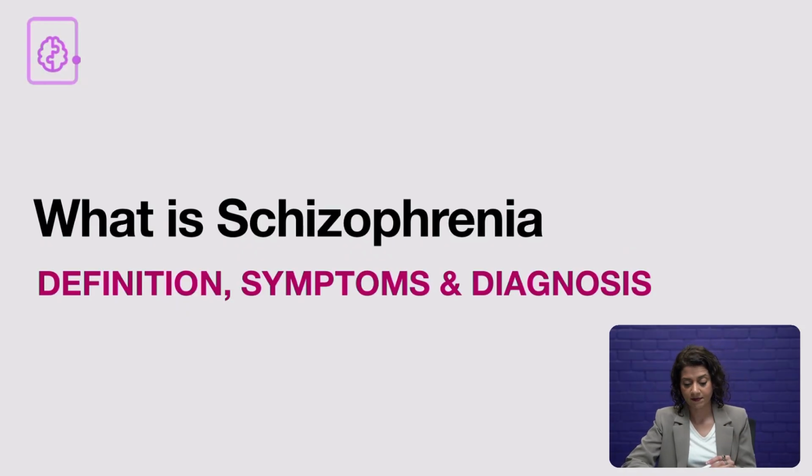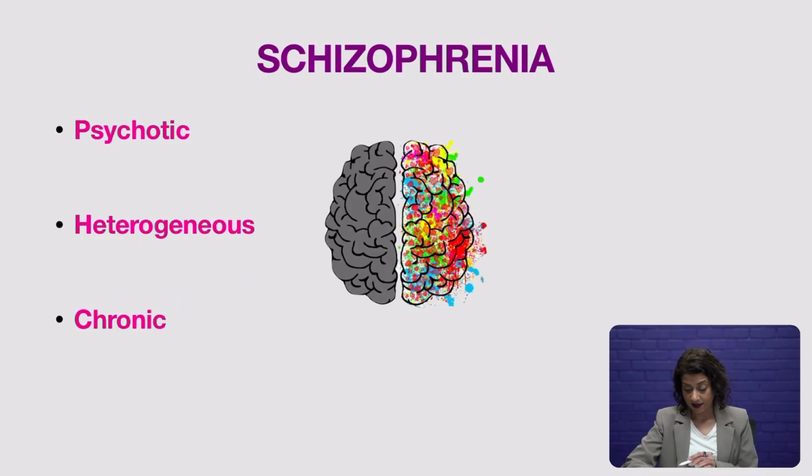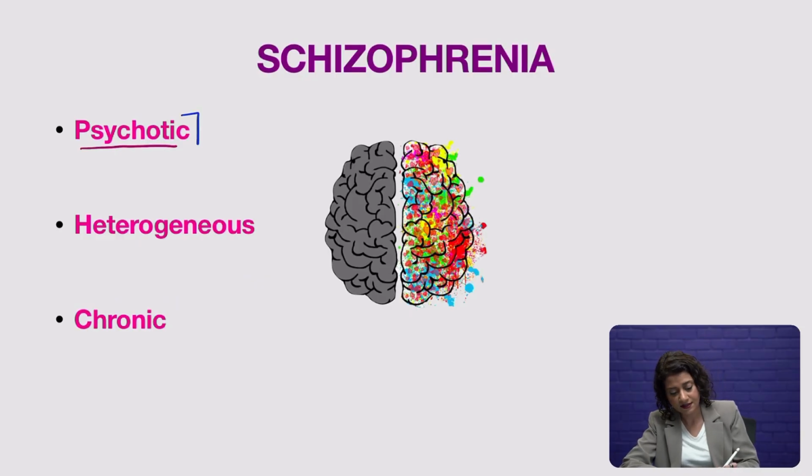So let's begin. First thing you need to remember is that schizophrenia is classified as a psychotic disorder. Psychotic disorders are defined as disorders where there is a break from reality.